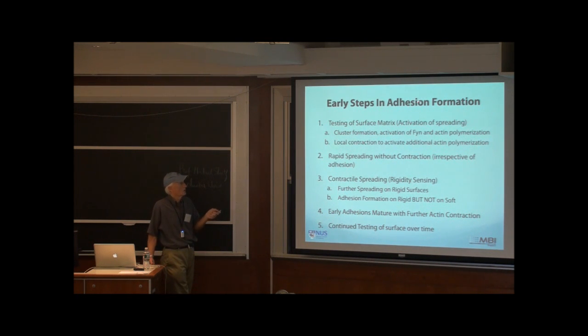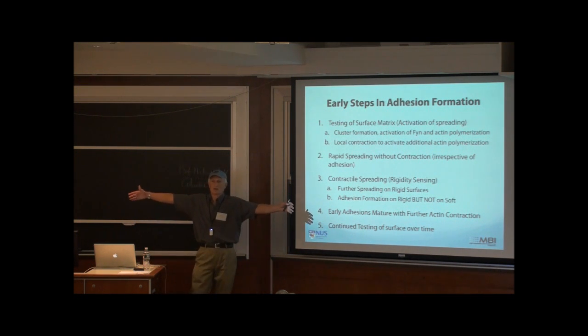First of all, you have a cluster formation. Basically, 3 or more integrins need to be pulled together within 60 nanometers of one another. The Src family kinase we've identified as Fyn, which is necessary to be active for actin polymerization through the formin FHOD1. Once you get that actin polymerization, there's a local contraction to activate additional actin polymerization, which causes the cell to spread out to a much larger area on that surface.